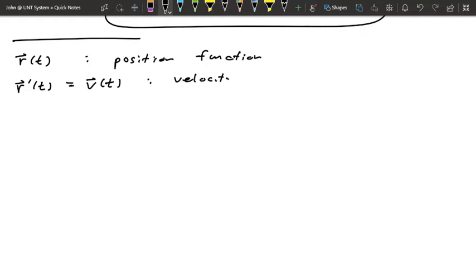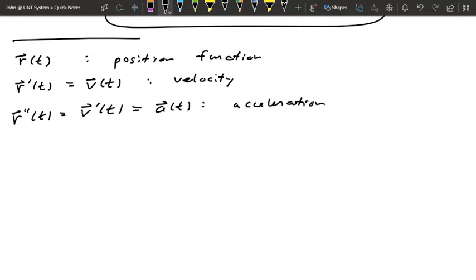That's like the instantaneous velocity of the particle at a particular time. And the second derivative of r, which is the first derivative of the velocity, is acceleration. And then we also have speed, which is the length of the velocity.